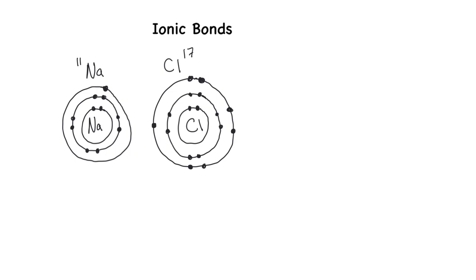So if you couldn't tell by the periodic table that chlorine was much more electronegative than sodium, you can definitely tell it here. Chlorine has 7 in its outermost shell, in that valence shell, whereas sodium only has 1. So chlorine really wants that 1 electron because it only needs 1 to fill its valence shell, and then it's nice and happy.